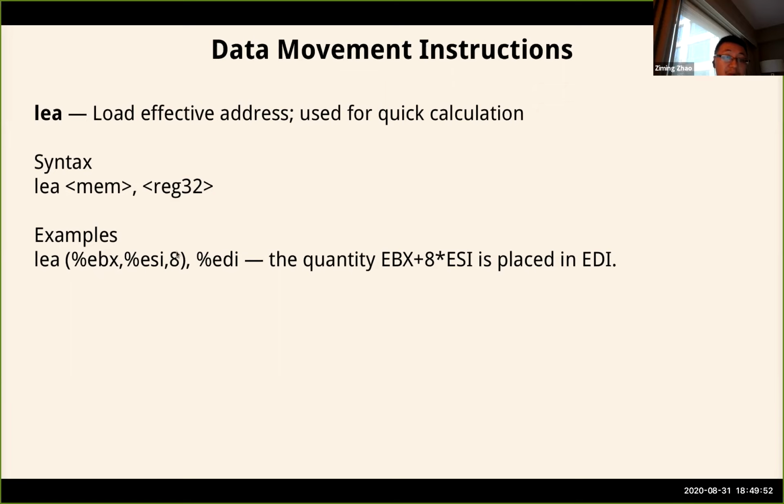Then you will think we're going to access that memory. But in this instruction, we will not access that memory. We will only get the address of that memory, which is calculated by this. So basically, we're loading the result of this formula into the EDI. That's what this instruction does. You will see this instruction a lot, especially when there are some array operations in the disassembly.